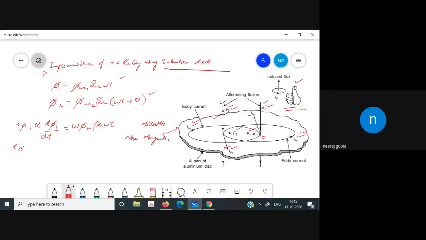Similarly, the current I phi2 is proportional to d phi2 by dt, which equals omega phi m2 cos of omega t plus theta.